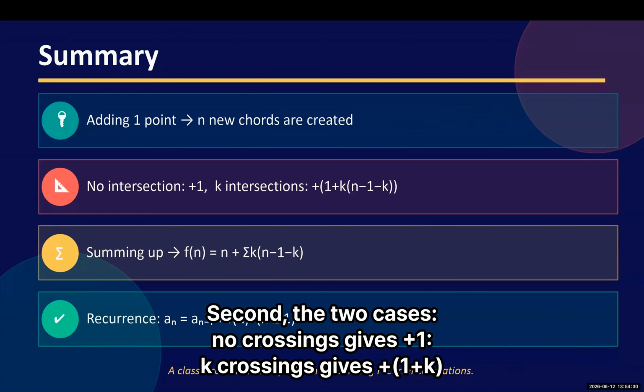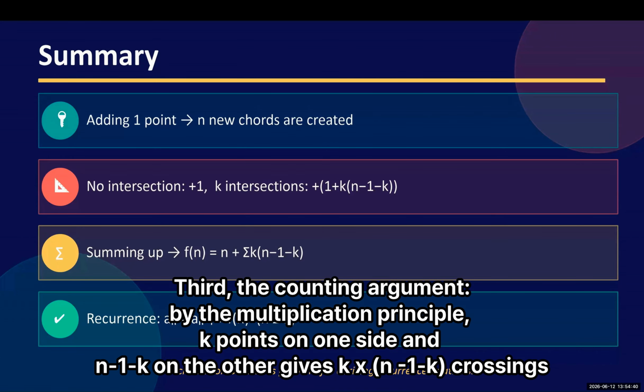Second, the two cases, no crossings gives plus 1, k crossings gives plus 1 plus k. Third, the counting argument. By the multiplication principle, k points on one side and n minus 1 minus k on the other gives k times n minus 1 minus k crossings.